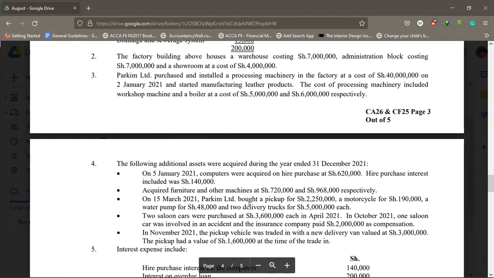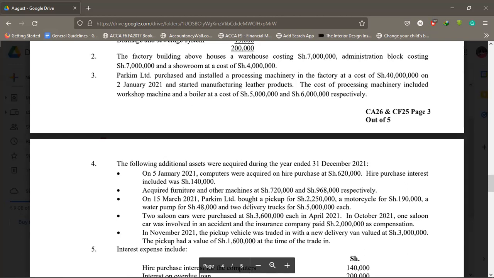In November 2021, the pickup vehicle was traded in a new delivery van valued at shillings 3 million. The pickup and a value of shillings 1,600,000 at the time of the trading. Interest expense included hire purchase, interest for computers, interest on overdue loan, provision for interest on loan to be obtained to expand the business, interest to unpaid tax.